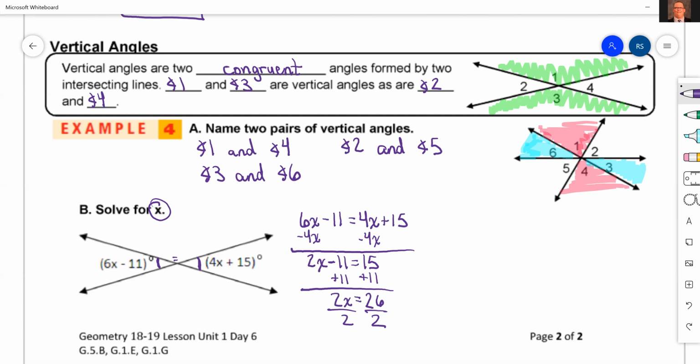And I'm going to get x equals 13. That's all they ask us to find is x. So we're done with our notes. So that's the notes for Unit 1, Day 6. Stay tuned for the guided practice.